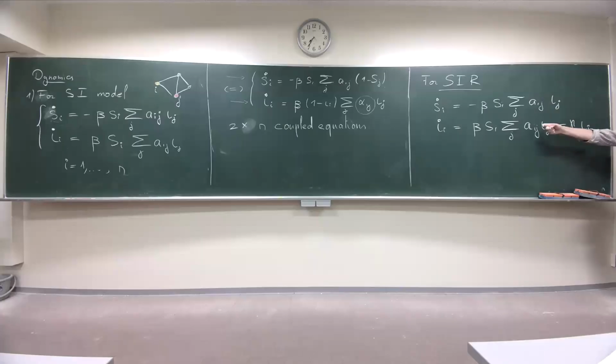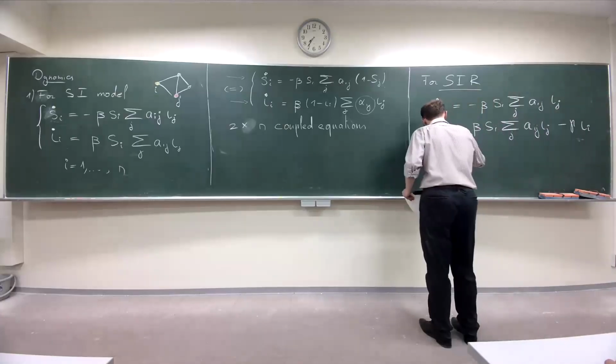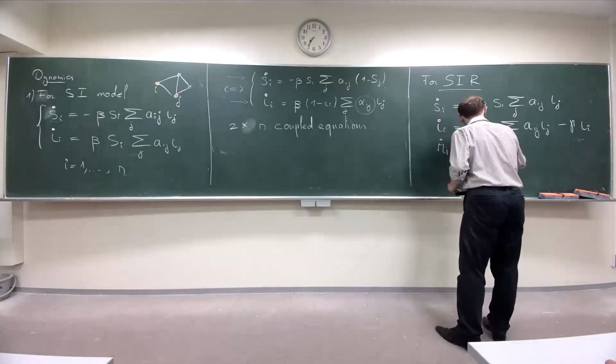One, because you get people who are becoming sick, and one, because you recover. So the variation of this guy has two contributions. And for R dot I, you have only the guy who recovers.